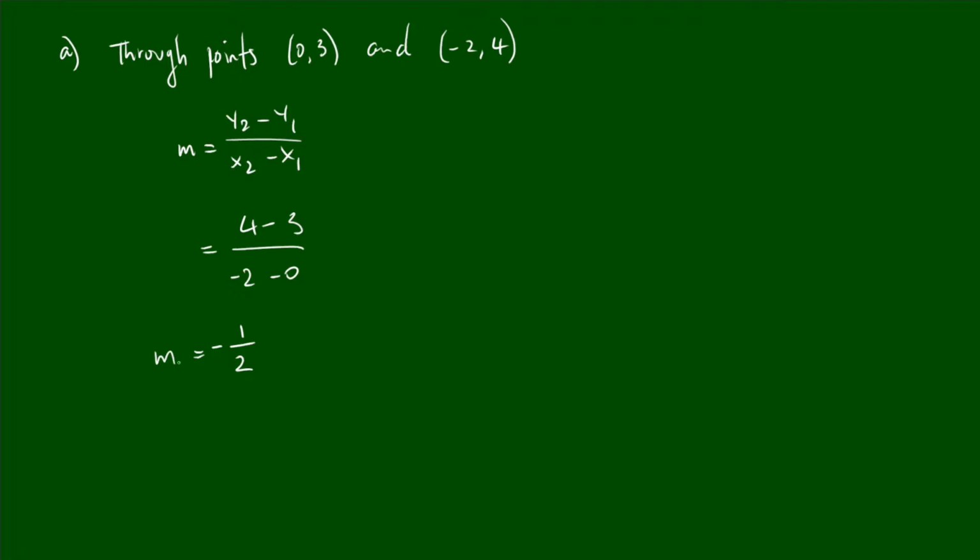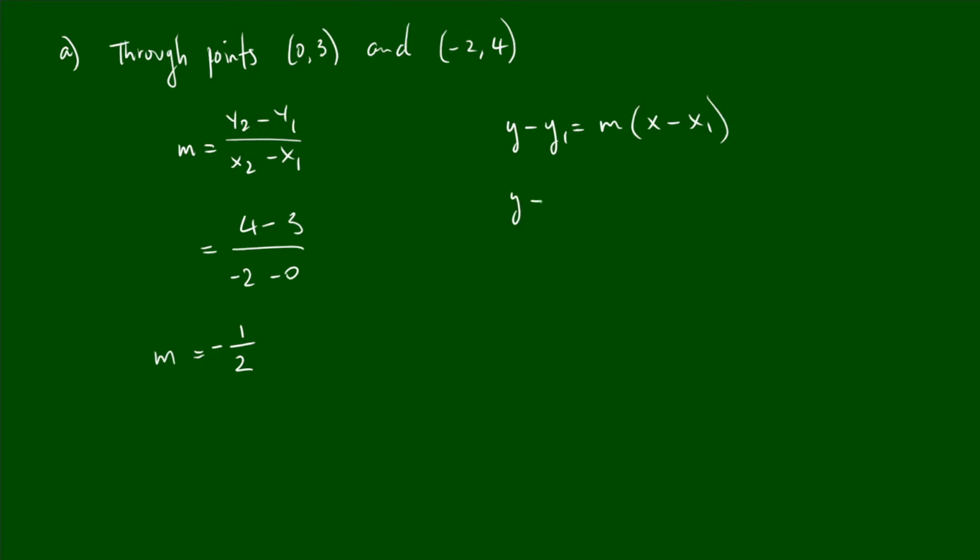Now you're going to use the point slope formula, and that is the following. You have y minus y1 equals, you could use either y1 or y2 here, it doesn't really matter, but then you're going to have m bracket x minus x1. All you have to do is plug in m, a y coordinate, and an x coordinate, and you're going to get your formula.